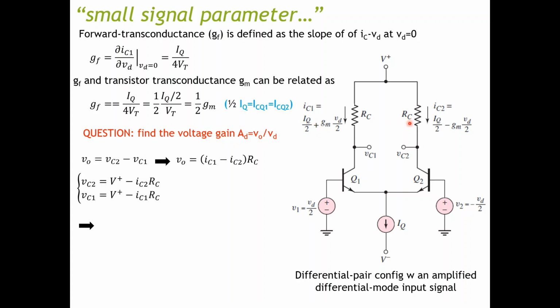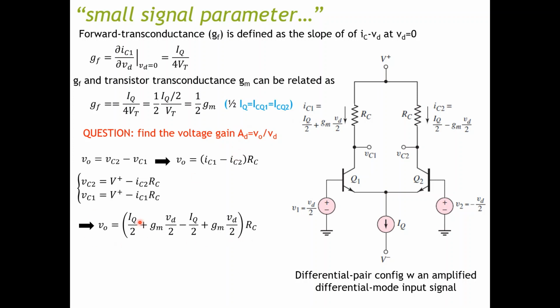Okay, and here I can have my current IC2 reduced by GM multiplied by VD over 2. So if I plug this term for IC1 and this term for IC2 into this equation, I can have a new expression like this.